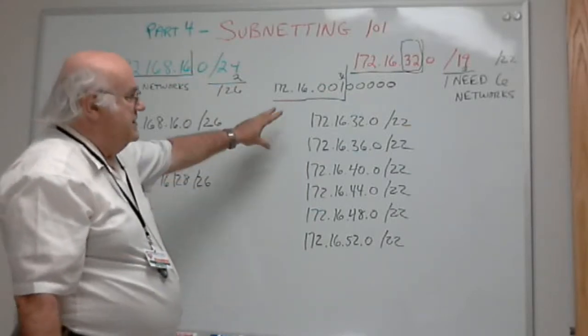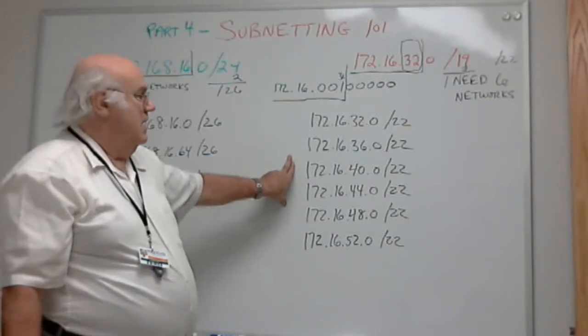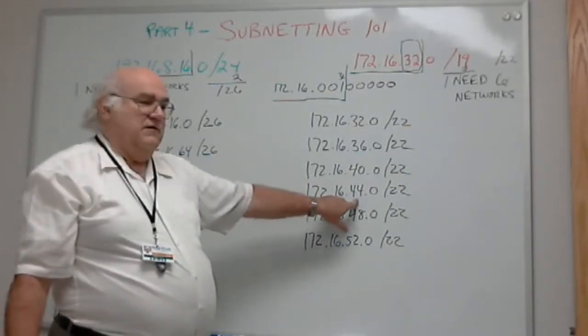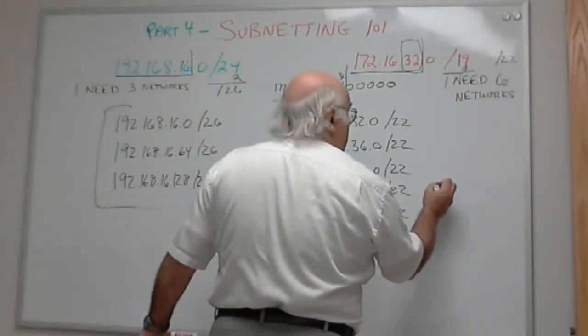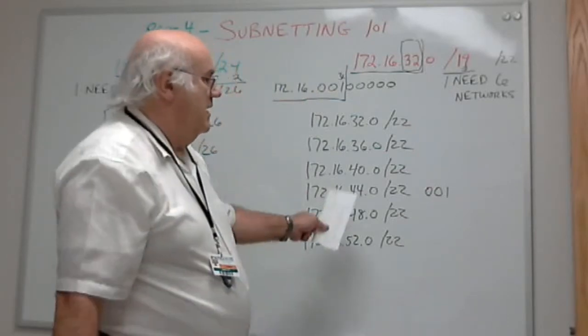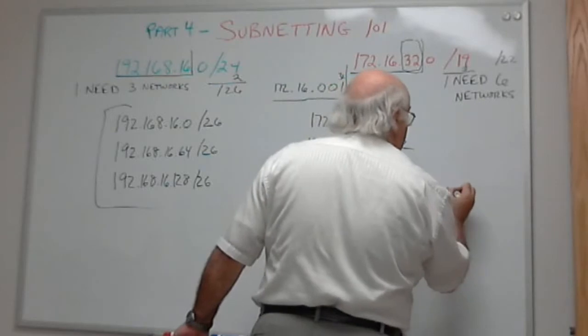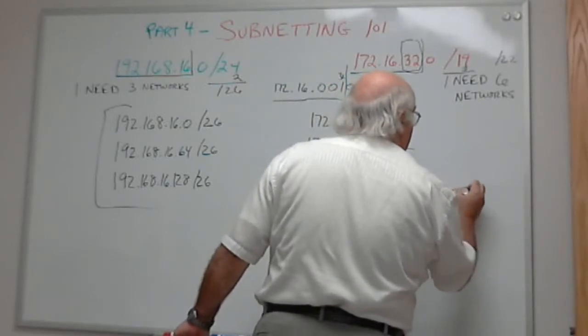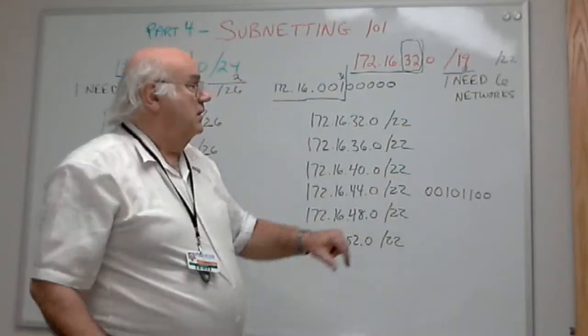I have not changed the ISP's address at all, and we can prove that easily. Let's take a look at 44 here. 44, the 8 bits. There's my 32. I've got 12 left over. Okay, there's 44.